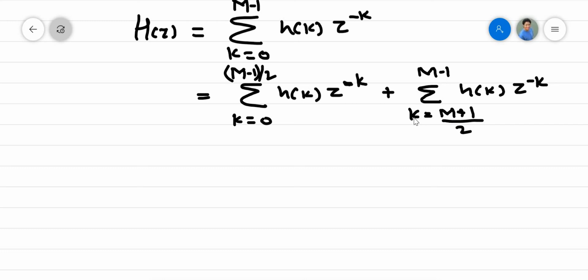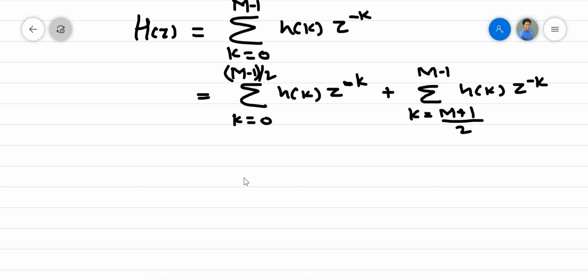Now this sequence goes from k equals 0 to (M minus 1) by 2, but this one goes from (M plus 1) by 2 to M minus 1. Right? So we can start this sequence from k equals 0, and it reaches the same point because it contains the same number of samples. For that, we have to find the difference between these two.